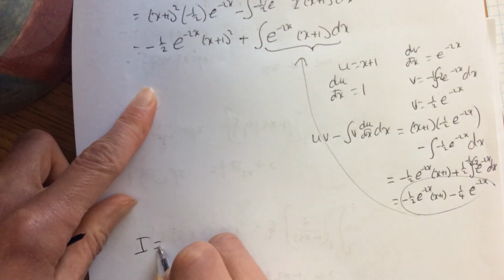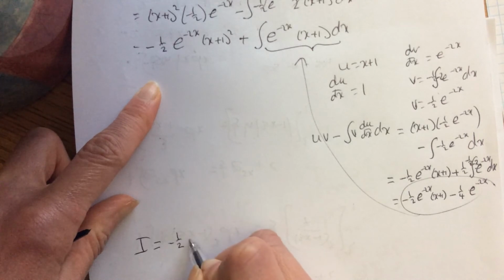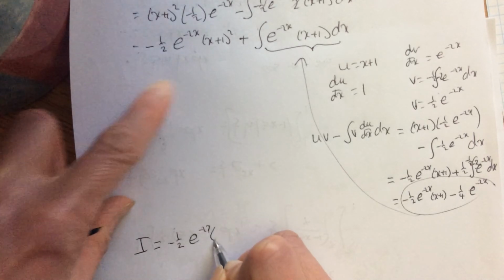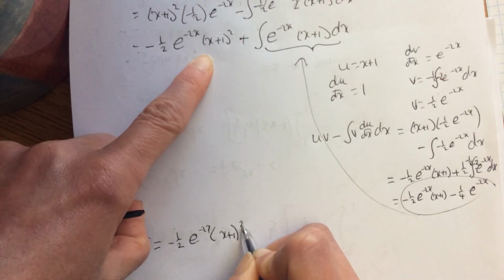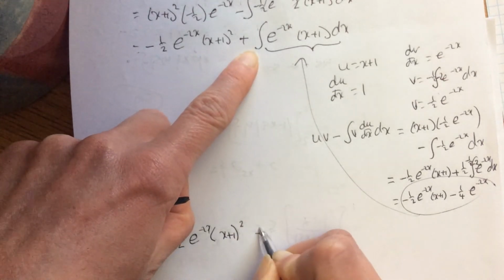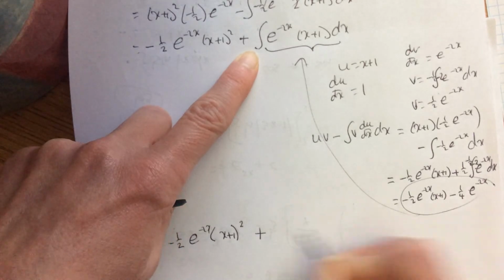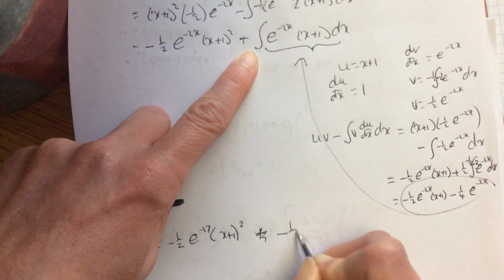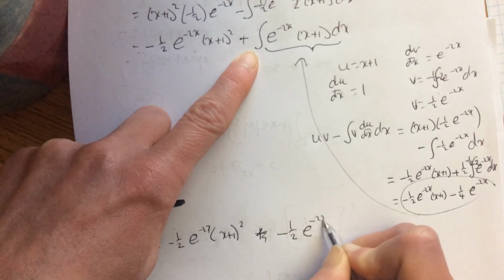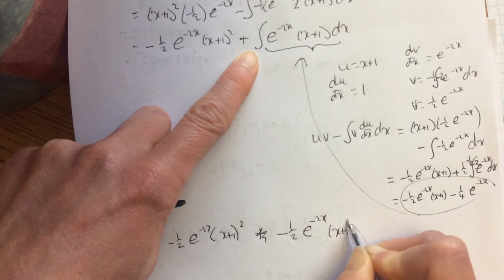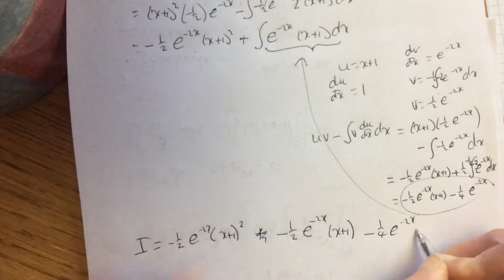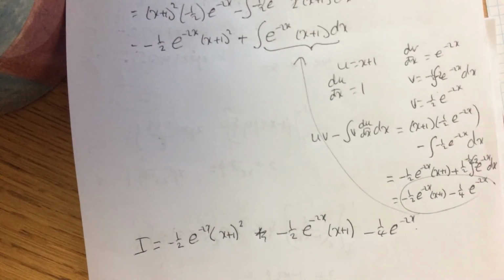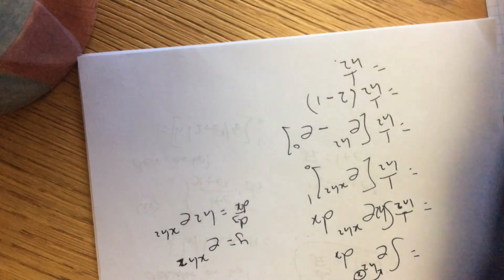My overall integral is minus a half e to the minus 2x, x add 1 squared, plus this, that's actually a minus, so minus a half e to the minus 2x, x plus 1, minus a quarter e to the minus 2x. Not an easy question by any stretch of the imagination.